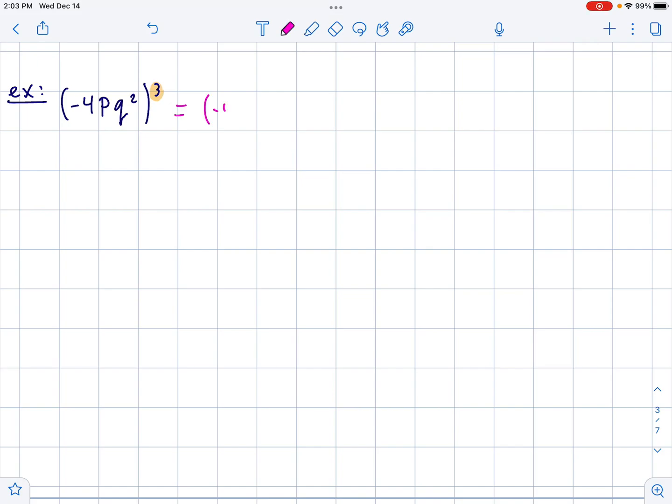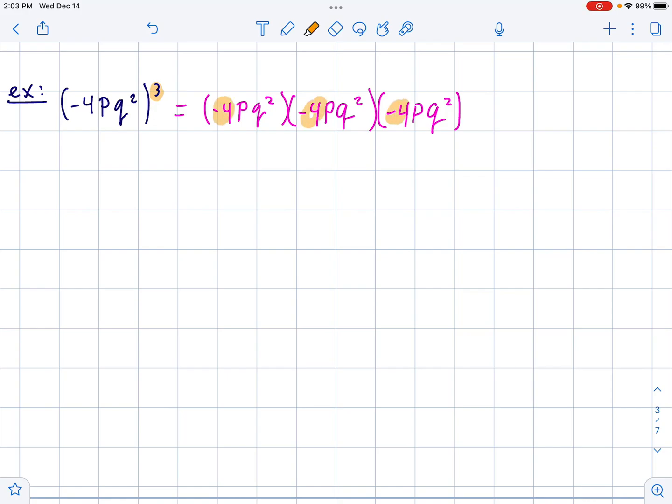For this example, because we're cubing it, that means that you would do negative 4pq squared times negative 4pq squared times negative 4pq squared. Now, you don't always have to expand them all the way out like this.